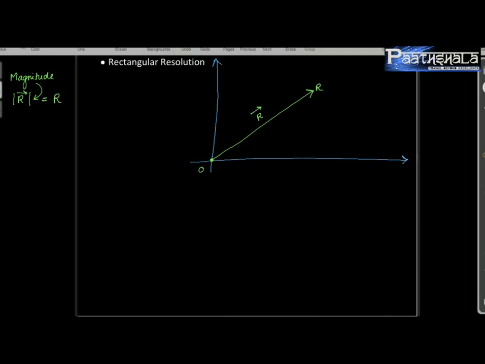Now we are ready for the construction we need to make. We drop a perpendicular from R to the x-axis and label this point as M. And we drop a perpendicular from R to the y-axis and label this point as N. You might very well understand that given angle ROM is theta, RM is equal to R, which is nothing but the length OR, into sine theta, and OM is equal to R into cos theta.